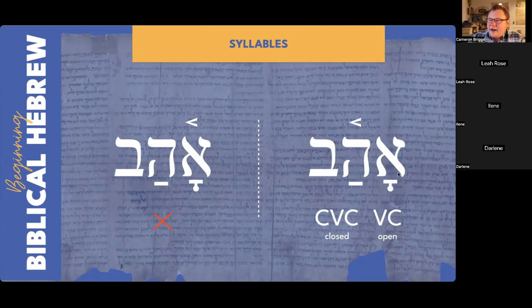So ahav has two syllables. The first one is an open syllable, aleph, with a kamatz. And the second syllable is he, patah, vav. And so we would separate those two out, these two separate syllables, and the final one gets the stress, the accent.